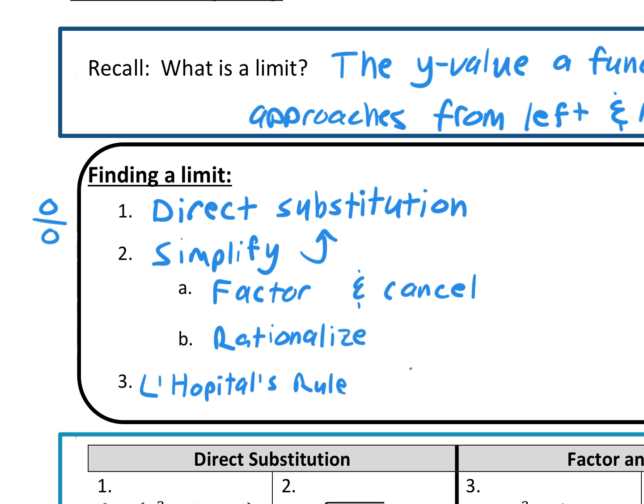This is specifically for if you get a 0 over 0, or when we get to infinities, infinity over infinity. But for today, what we're going to focus on is this. You don't really have to worry about this one right now. We're going to get there in a few units.